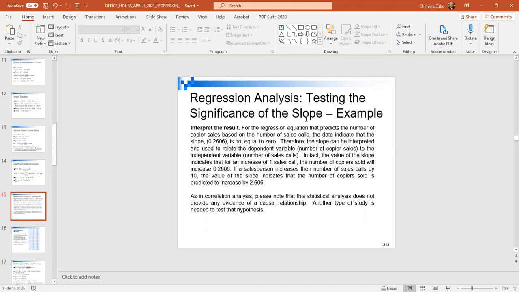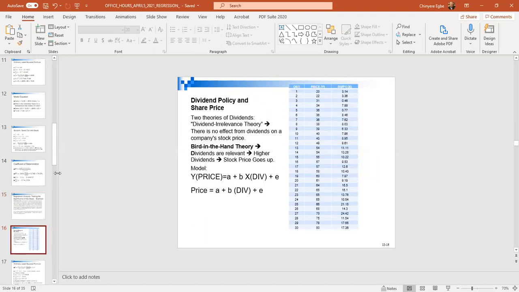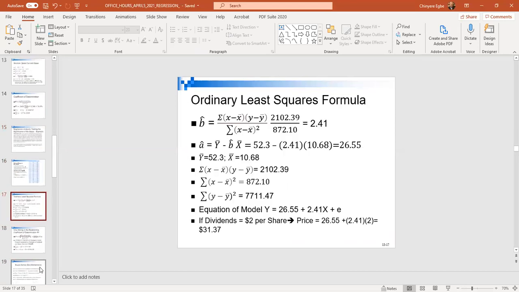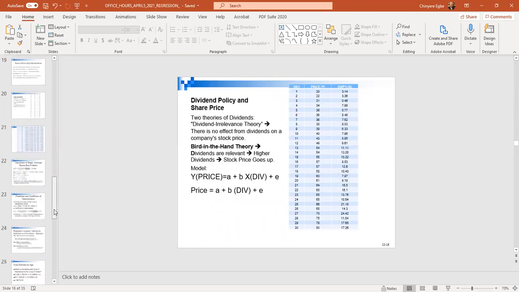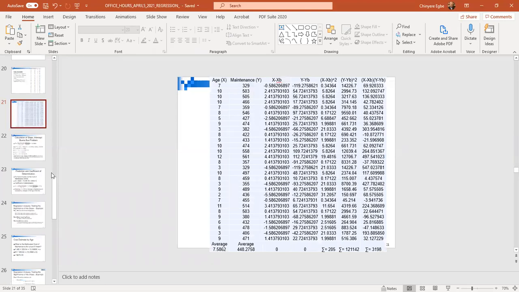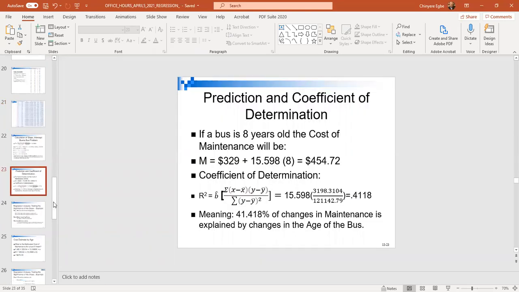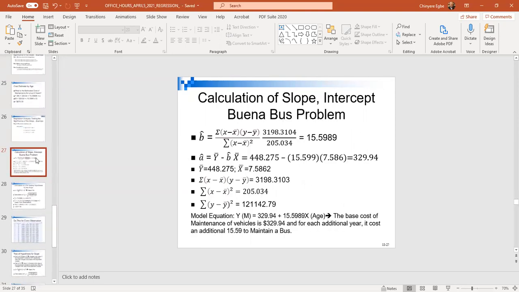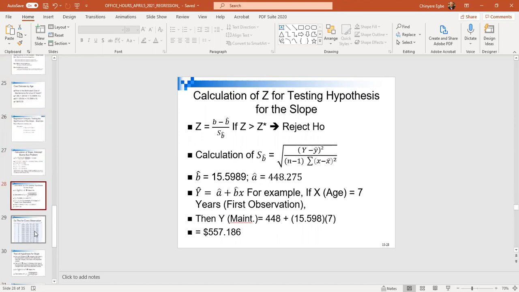So we test the significance, and we can say that the slope is equal to 0. If the slope is 0, then sales calls has no effect on sales. So we're going to test that hypothesis. I have other examples here for the estimation that you can use when I post this. So we're going to do a test of hypothesis.